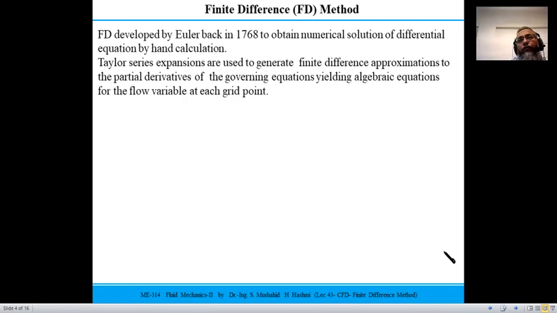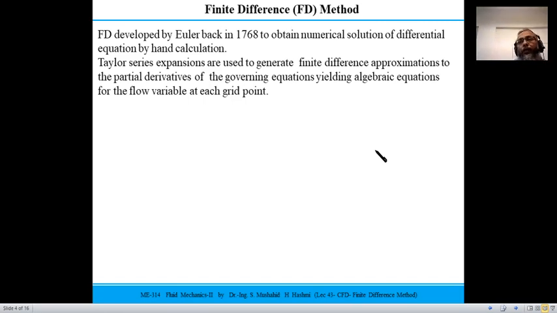Before the advent of computers, these sets of equations were solved through hand calculation. But once computers gained the ability to solve large sets of equations, this method could be done through computers as well. Taylor series expansion is used to generate a finite difference approximation to the partial derivatives.